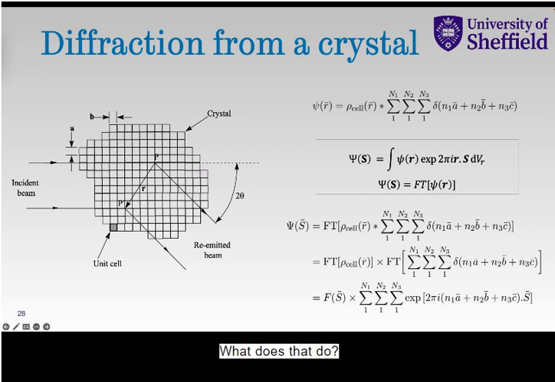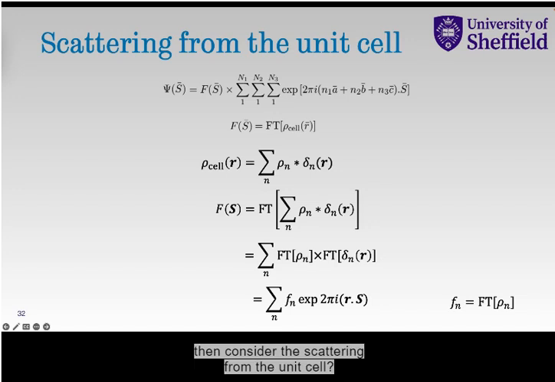So how do we then consider the scattering from the unit cell? What we said is we had this structure factor here, which is the Fourier transform of the electron density within the cell. In the same way that previously we thought of the electron density of the crystal as the electron density of the cell convoluted with the lattice points, we can play a similar trick here and say the electron density of the cell is the sum of the electron density of each atom convoluted with a delta function which gives the individual positions of each of those atoms.